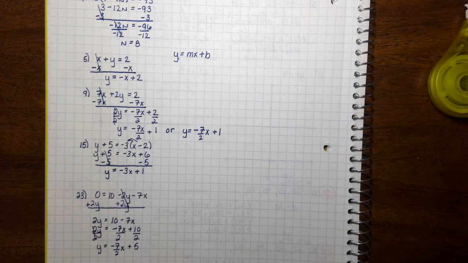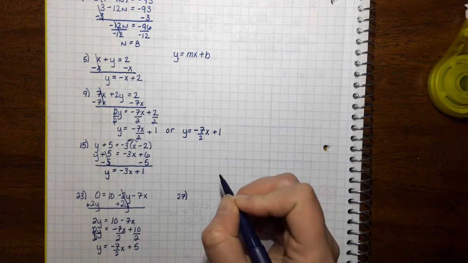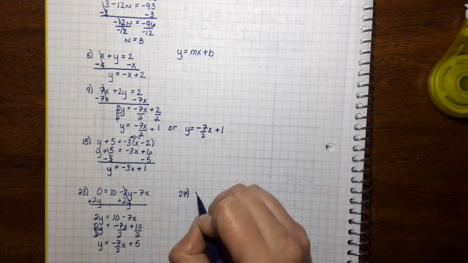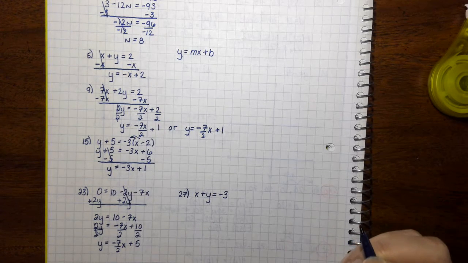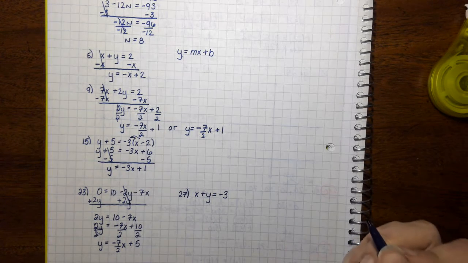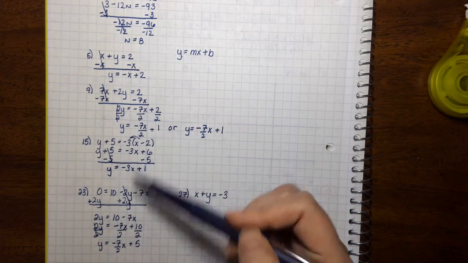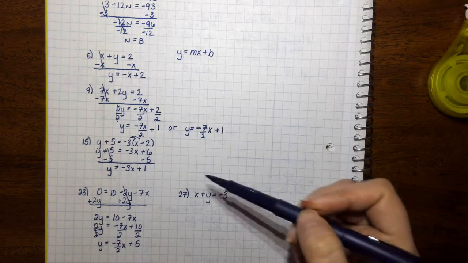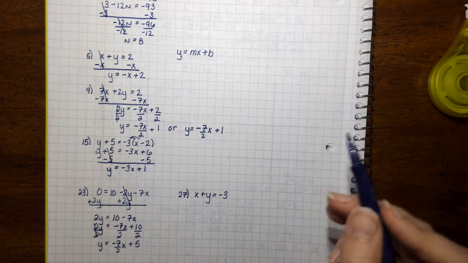Okay, last problem is 27. I'm going to put it here to fit it on the page. And this one says sketch the graph of each line. So what I'm going to do is take what I've learned in the previous problems, I'm going to rewrite it into y equals mx plus b form, and then graph.